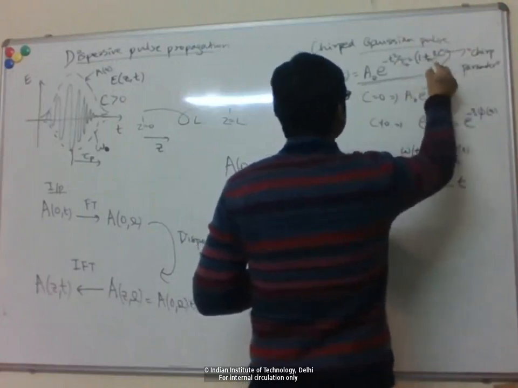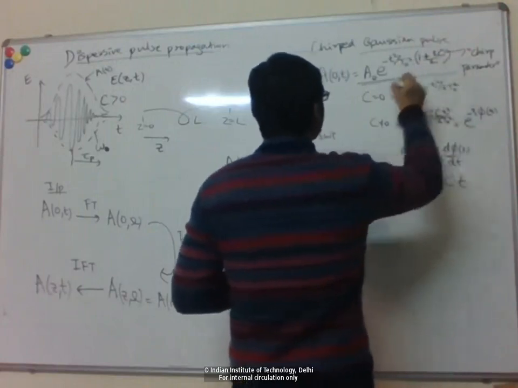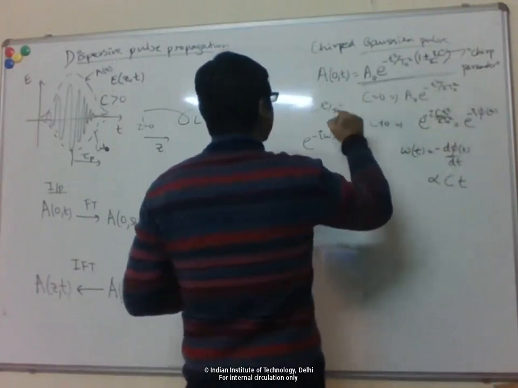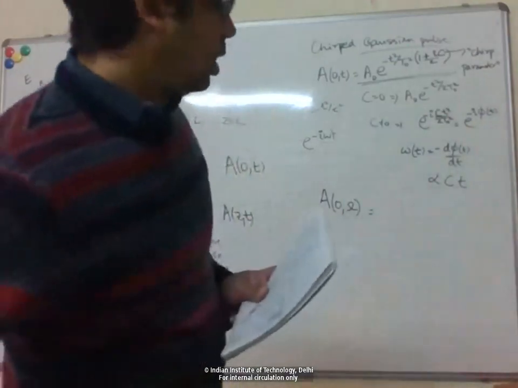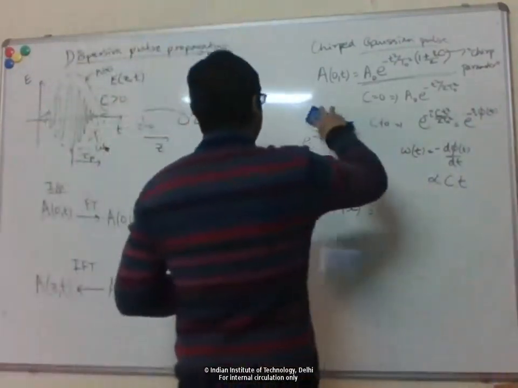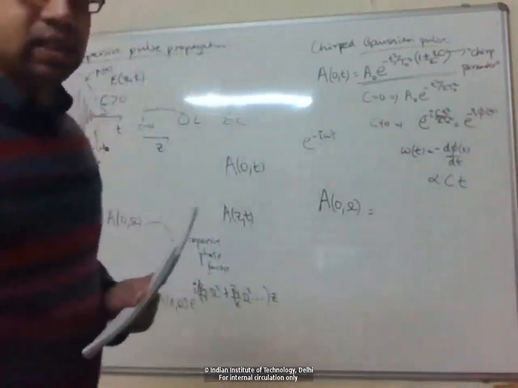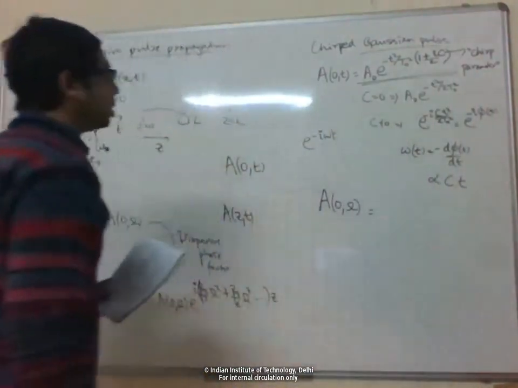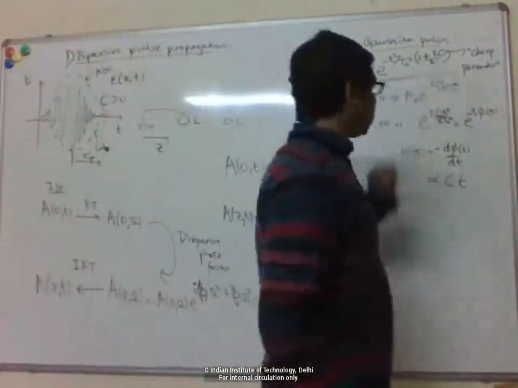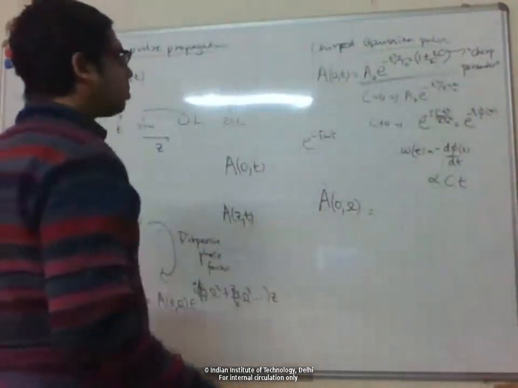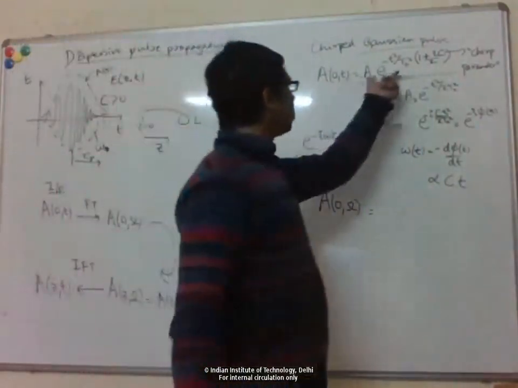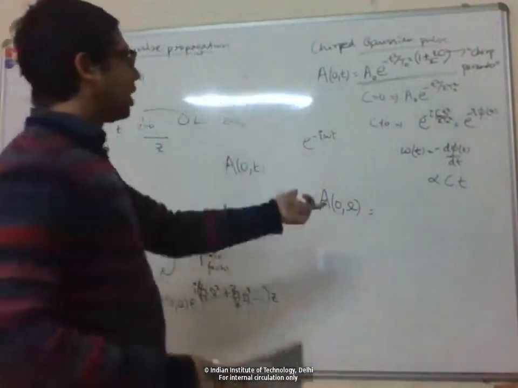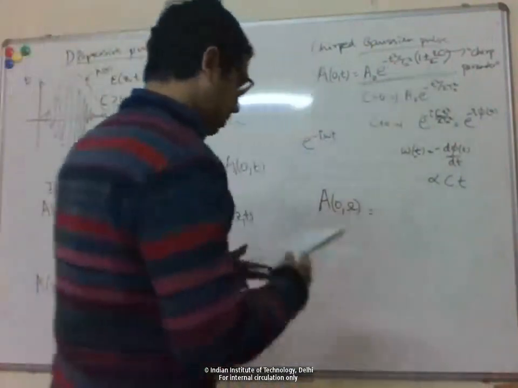If we absorb this complex number into the T naught, this is like some minus T square by some complex tau square. But you can use the same kind of integrals for computing the Fourier transforms even with complex numbers here. You might know that a Fourier transform of a Gaussian function is a Gaussian function again. So that holds true here even for complex numbers.